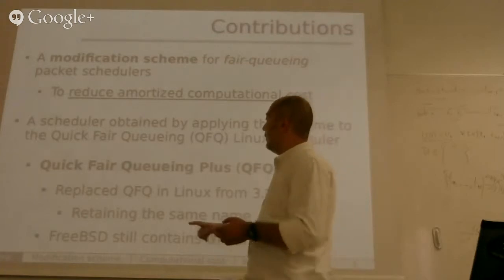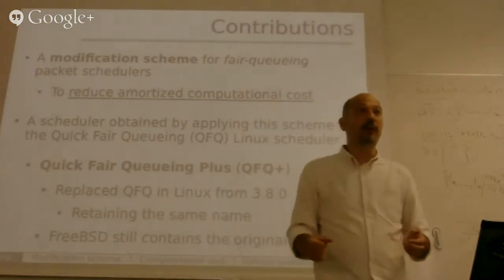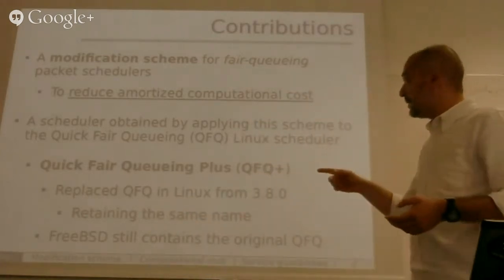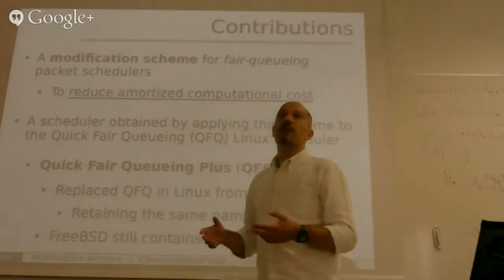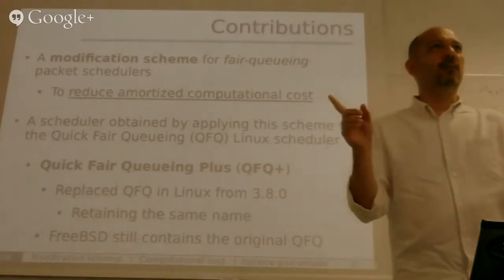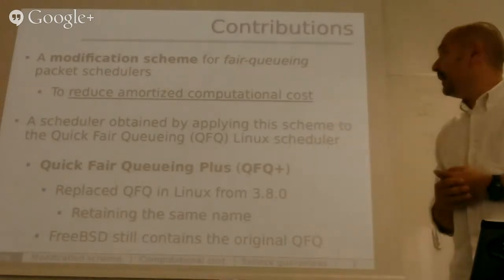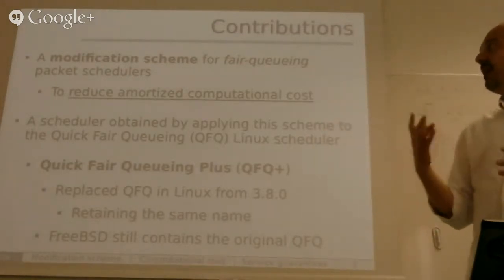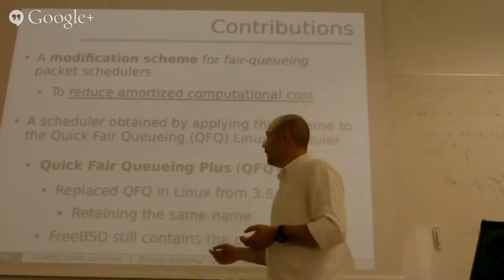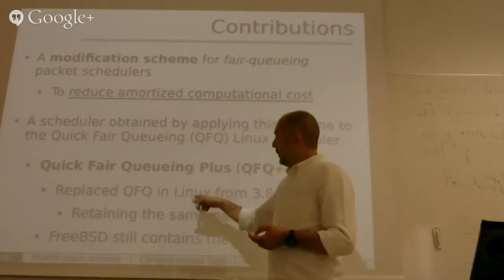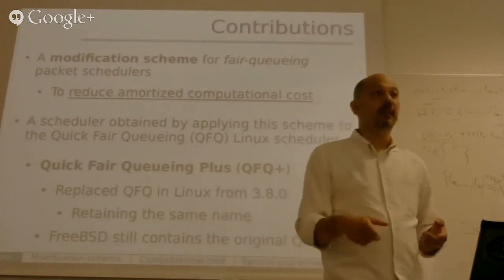QFQ was already in Linux. I first defined QFQ a few years ago with Fabio Checconi, whom I guess some of you know, and after a few years it entered mainline Linux and FreeBSD.